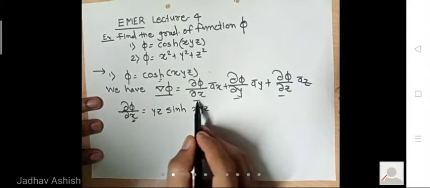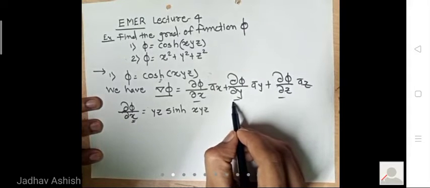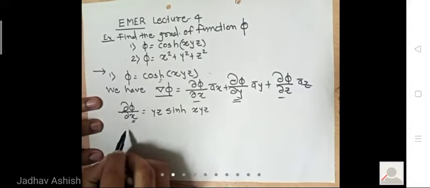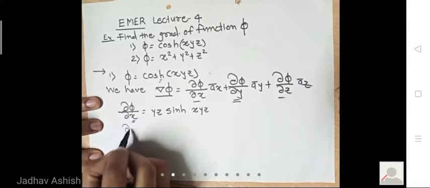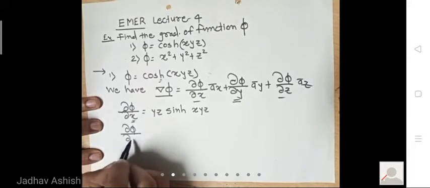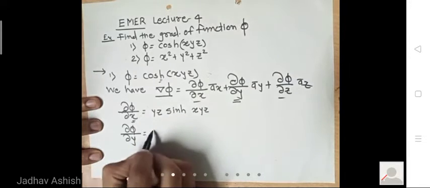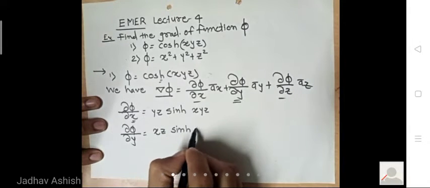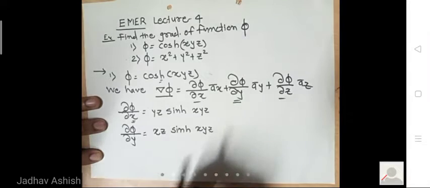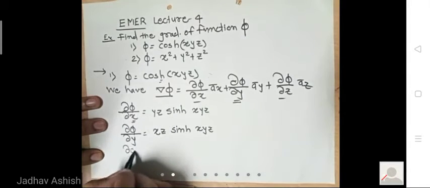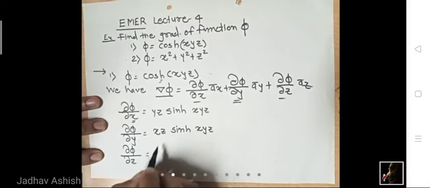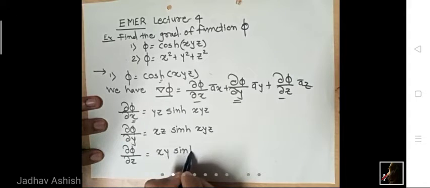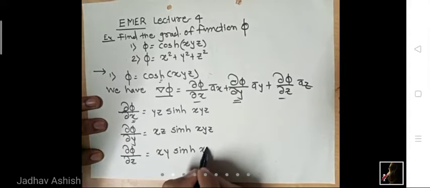Then similarly we will find the second term, dou phi by dou y, which is equal to xz sinh xyz, and dou phi by dou z is equal to xy sinh xyz.